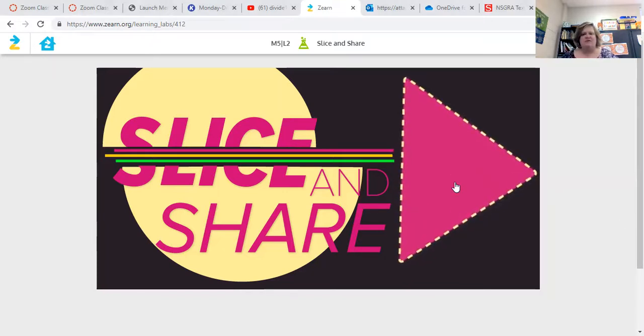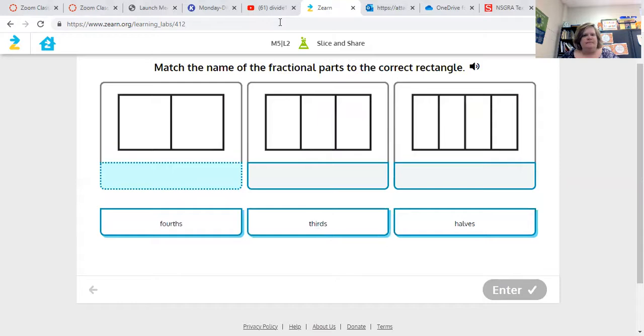So let's see what we have here. Match the name of your fractional part to the correct rectangle. So when we're looking at this first rectangle, we're going to look at the parts. In this one, we have one part and two parts. For our middle one here, we have 1, 2, 3.